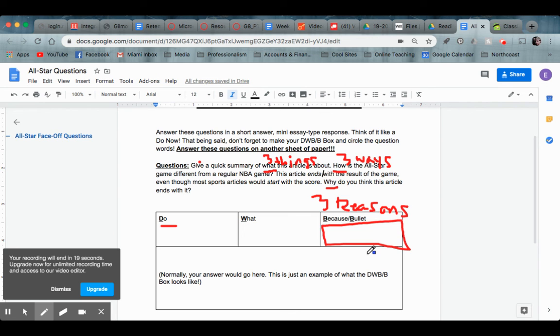Then I talked about the second strategy, which is where you look for the question words and you write down what they are asking of us. So three things, three ways, three reasons. Now, you're going to answer this on another sheet of paper, notebook paper. You're using complete sentences just like you would for a do now.